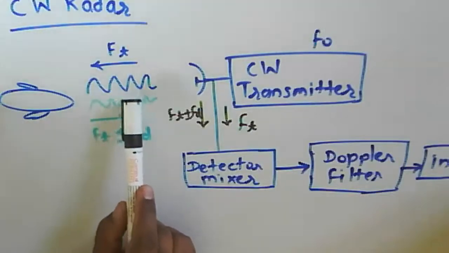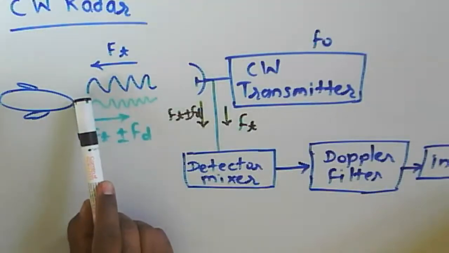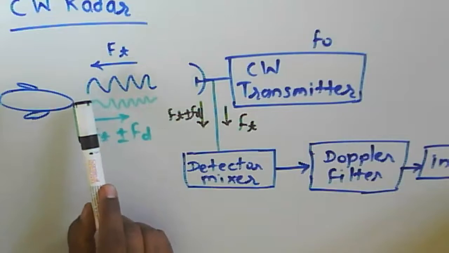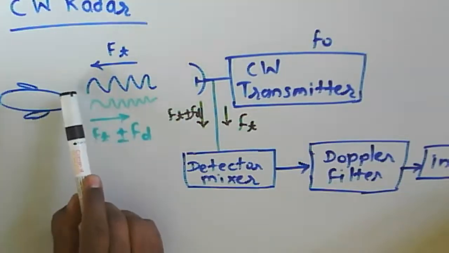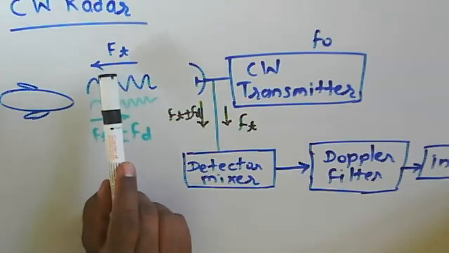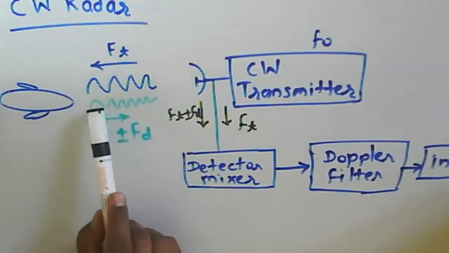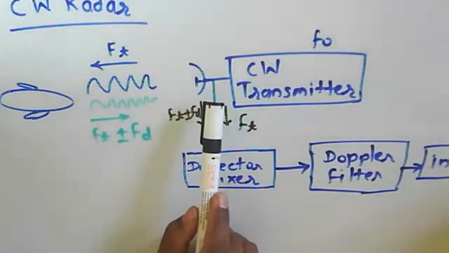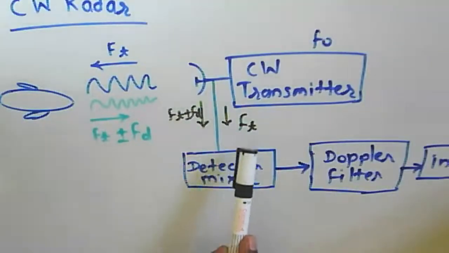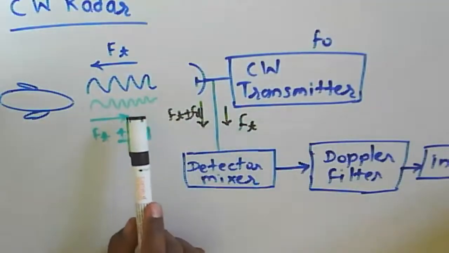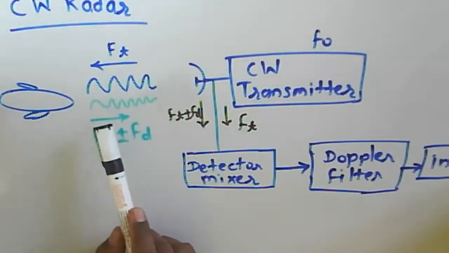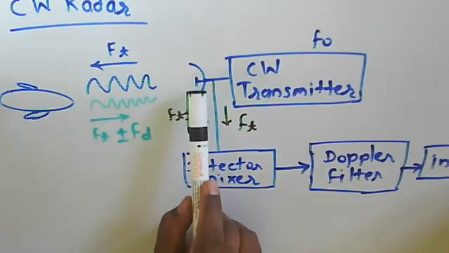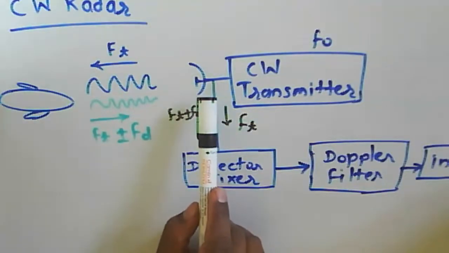When it bombards this object, the signal will be scattered. Some portion of that scattered signal, that is nothing but the echo, will reach the receiving antenna here.